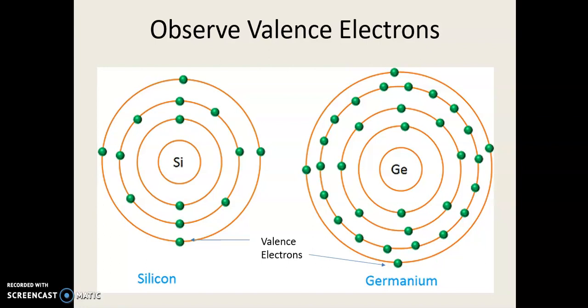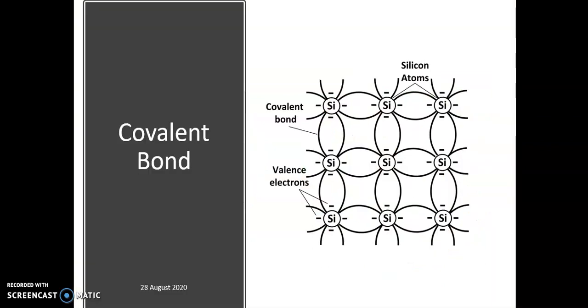What is this recombination? Either it will start accepting electrons or it will start donating electrons. This is called recombination. Silicon and germanium are not complete elements, so whenever a few silicon and germanium atoms are combined together, they will start the process of recombination. We'll see exactly what this recombination is.